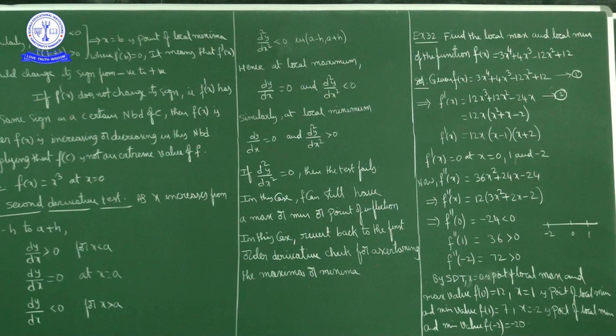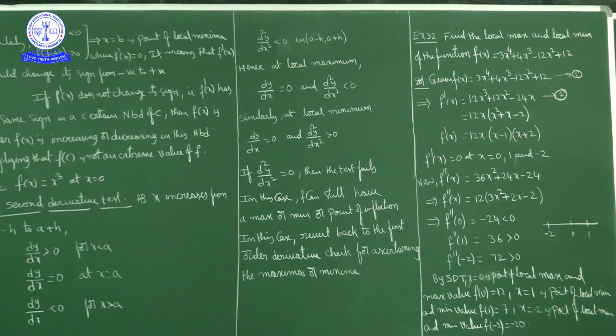So the denominator is positive, and the numerator is positive minus negative, which is positive. So positive plus positive is positive. d square y by dx square is positive. So for local minimum, what is the condition? dy by dx equals 0 and d square y by dx square is positive.